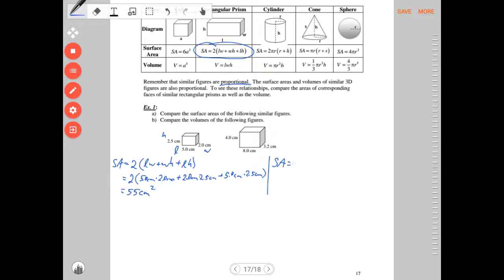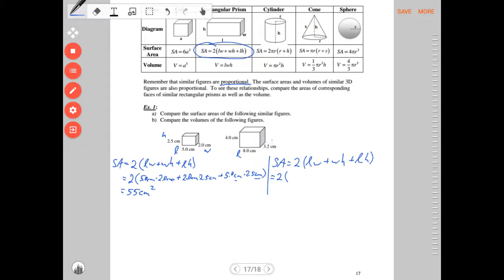Surface area equals 2 times length times width plus width times height plus length times height. You are supposed to put all the centimeters every time you write, but I'm over half the page, so I'm going to condense it a little bit. I'm going to cheat. You can't.